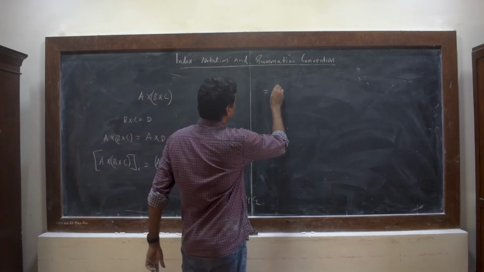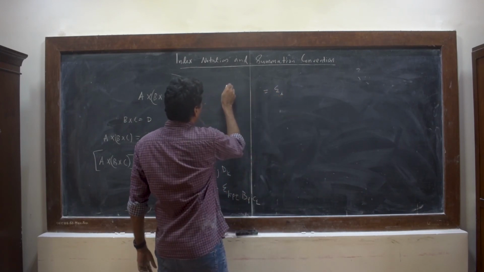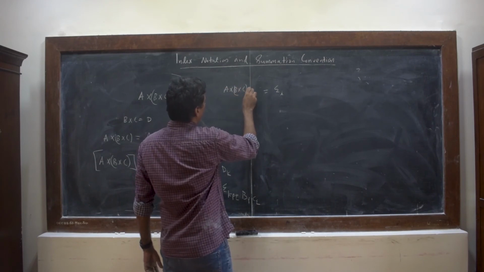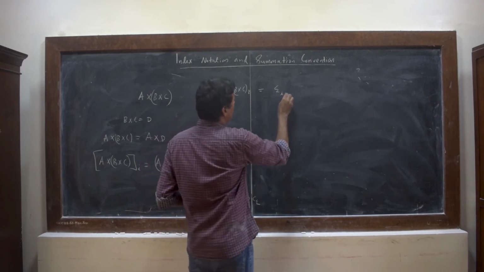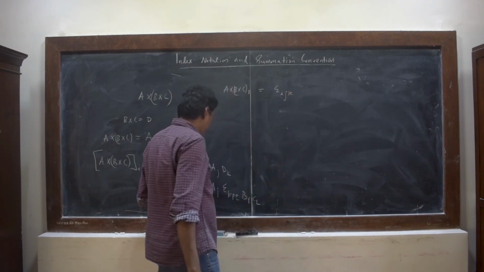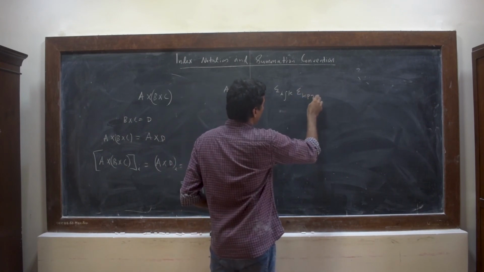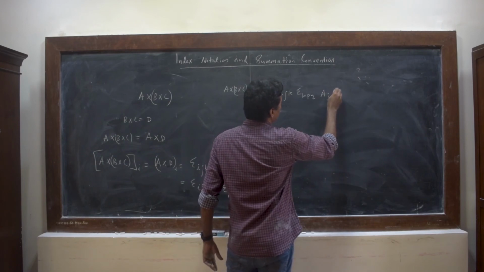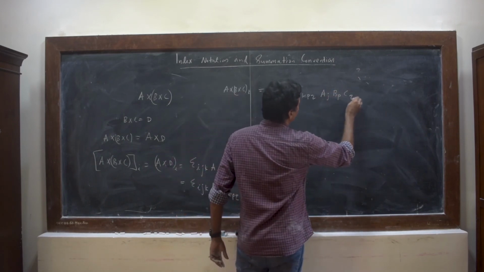So I can write the ith component of A cross B cross C as epsilon ijk, epsilon kpq, and then Aj Bp Cq, okay.